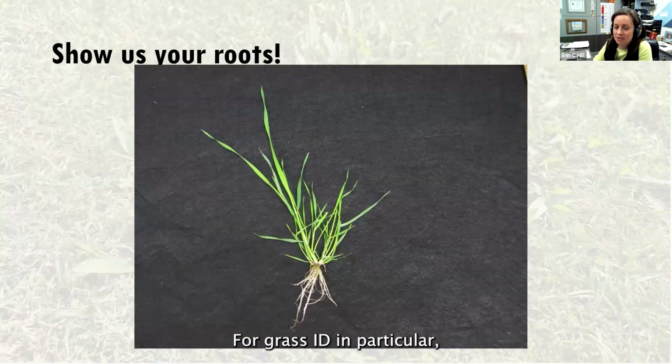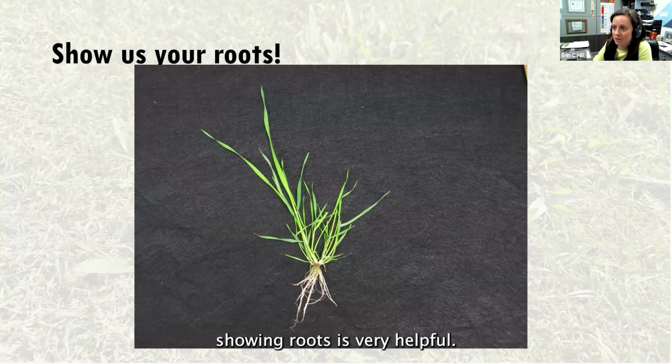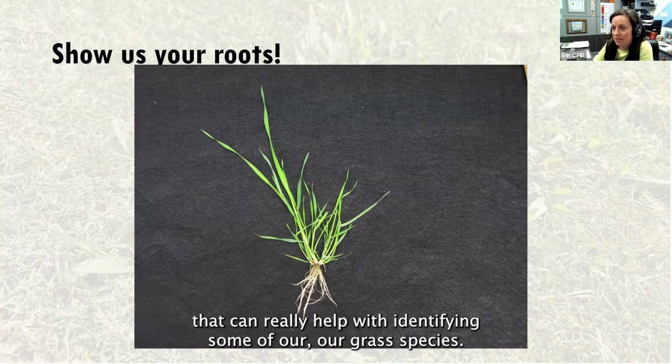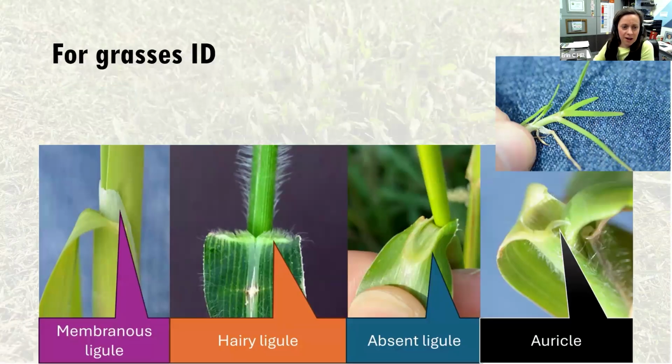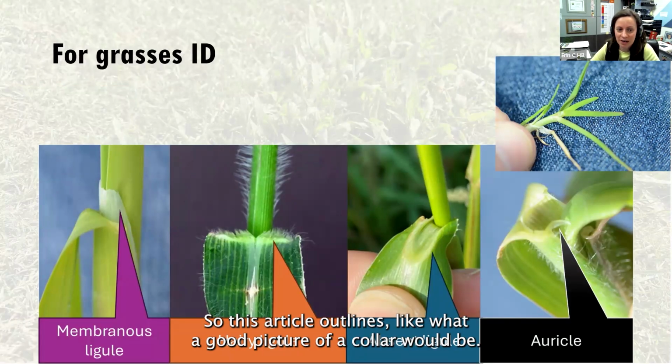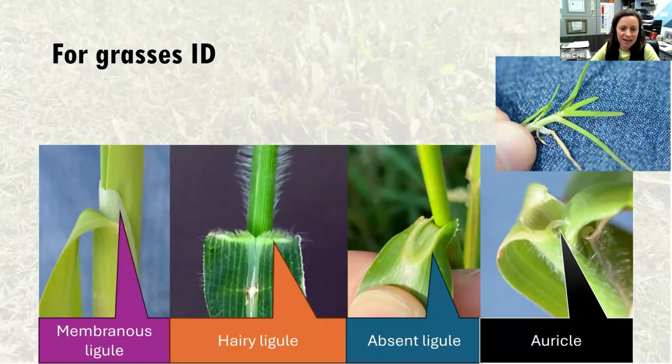For grass ID in particular, showing roots is very helpful. So reminding people of that, because we are looking for rhizomes to see if that can really help with identifying some of our grass species. Also for grasses, I mentioned the collar region earlier. So this article outlines what a good picture of a collar would be.